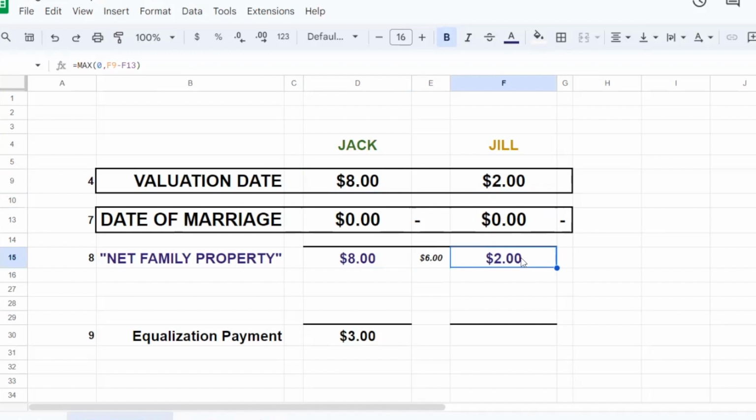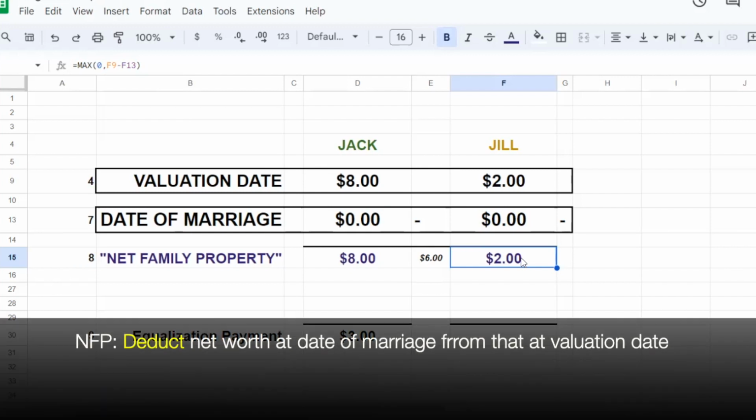Those numbers are called net family property. We just looked at the definition of net family property, and remember one of the takeaways was deduction. We're deducting, and that's exactly what that minus sign is here: 8 minus date of marriage.